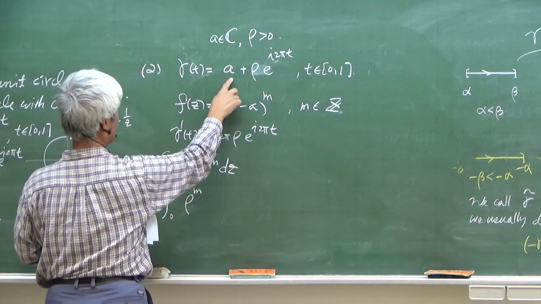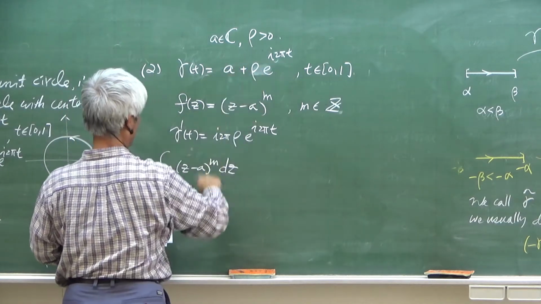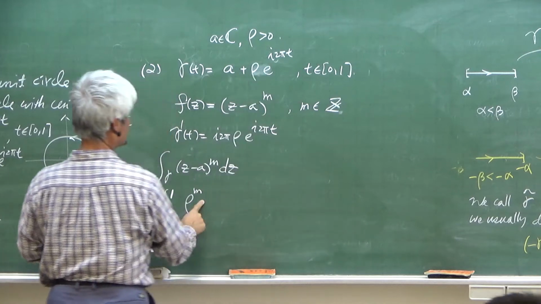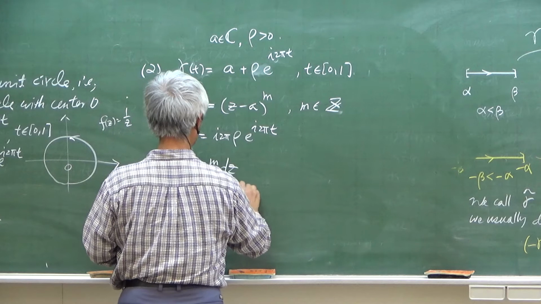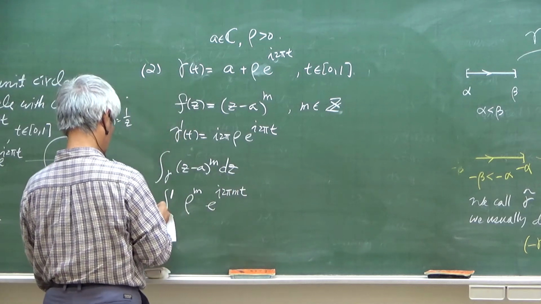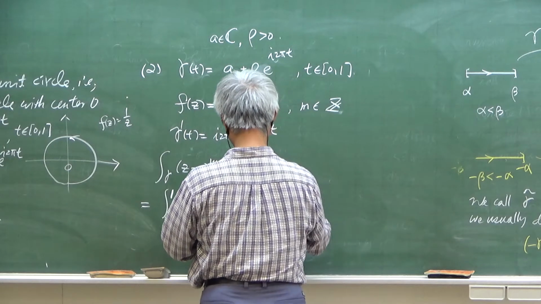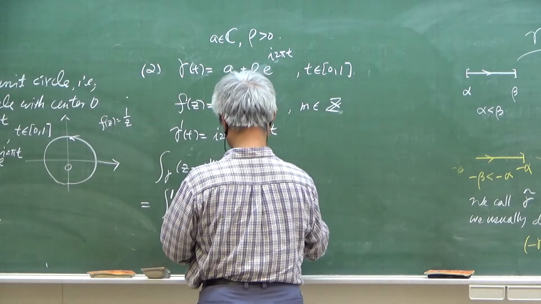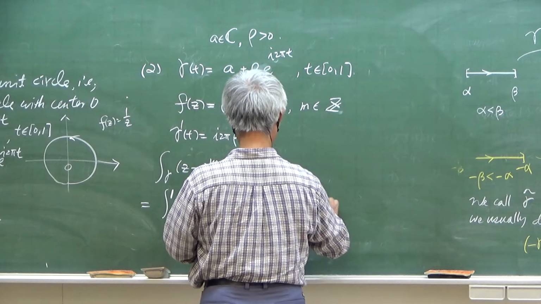We have gamma minus a, so we cancel a, and you have rho to the m, e^(i 2 pi m t), times i 2 pi rho e^(i 2 pi t) dt.